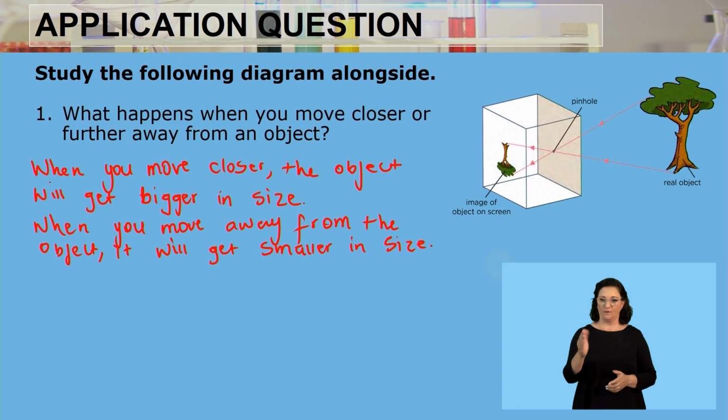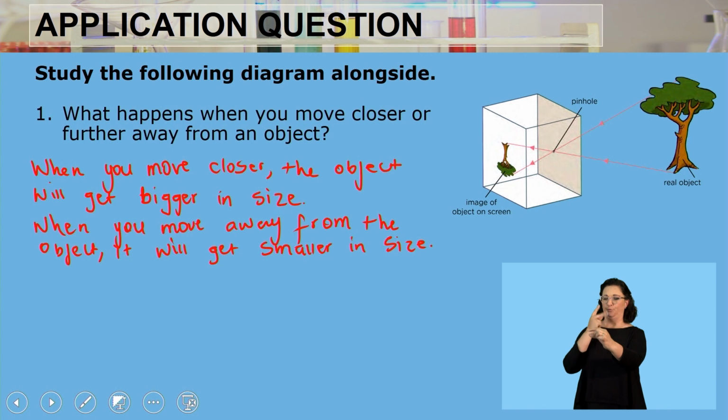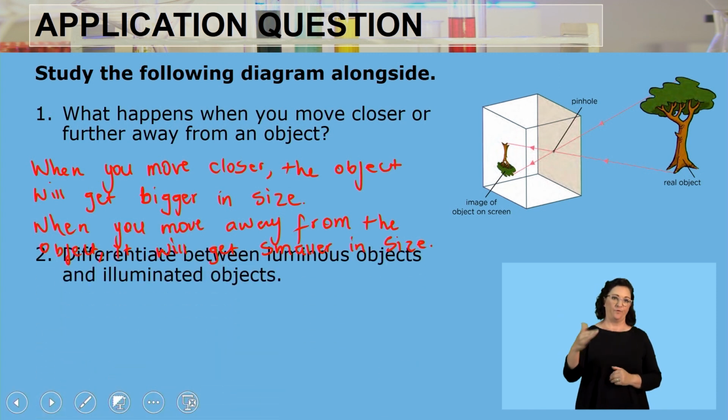So if you move closer to the object, it will appear bigger and bigger, and if you move away from an object, it will appear smaller and smaller because of the light that is reflected there.